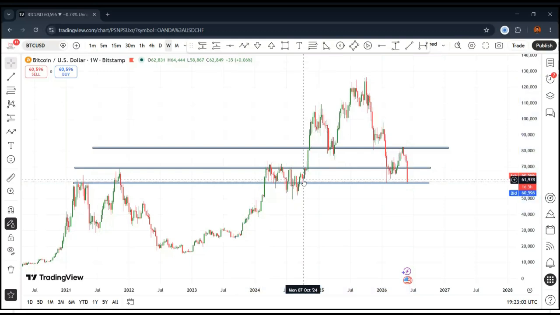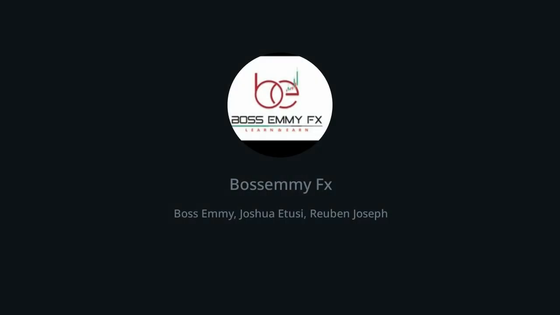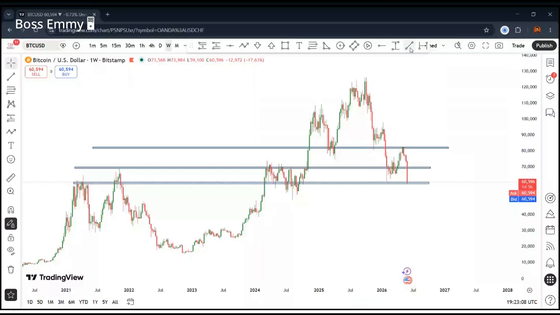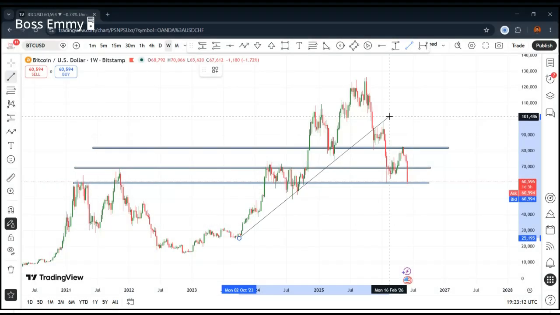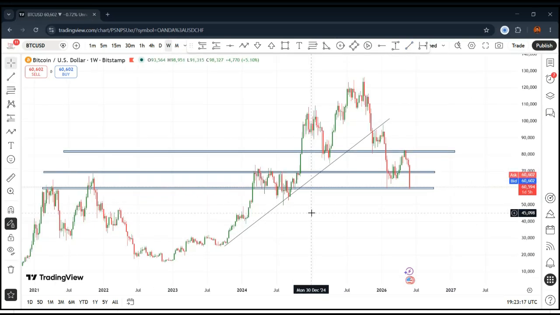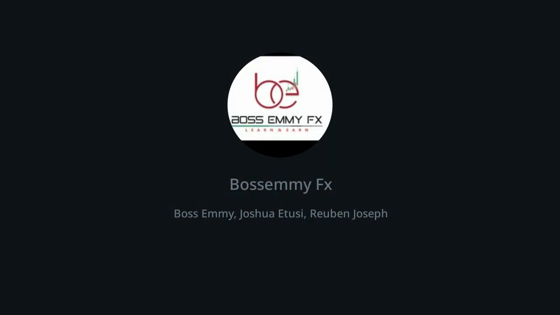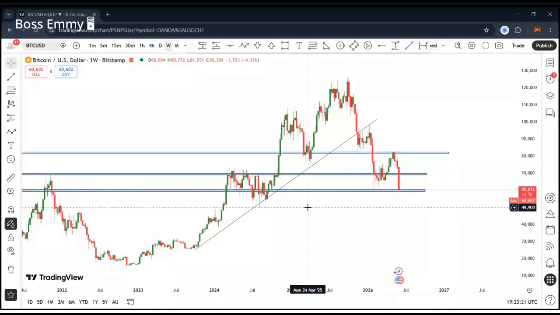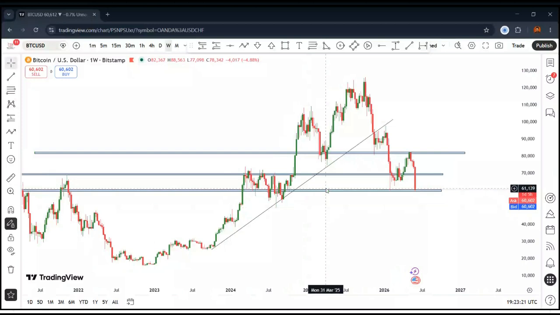So we saw the market change trend here from uptrend to downtrend. If you draw a trend line around this axis, you are going to see that the market changed trend from uptrend to downtrend here. So this is it: higher highs, higher low, higher highs, higher low.